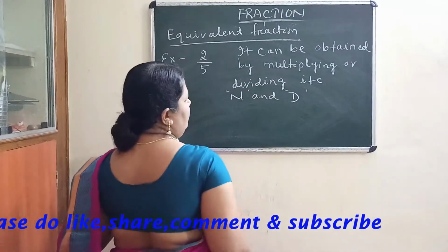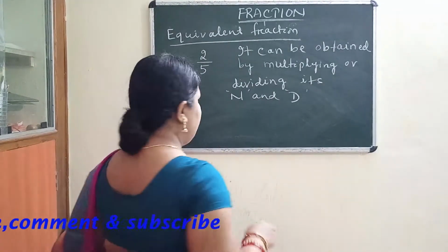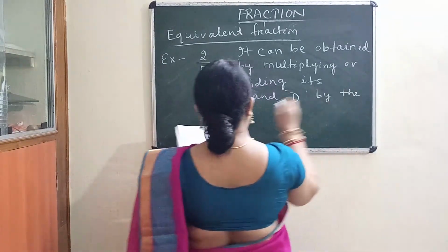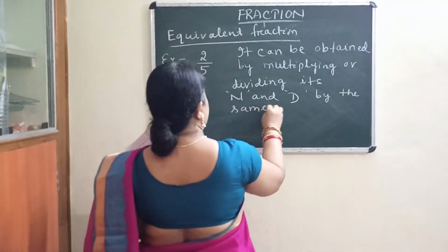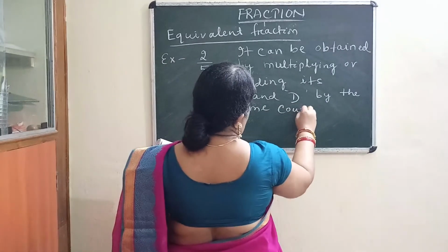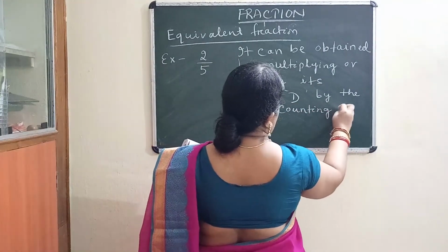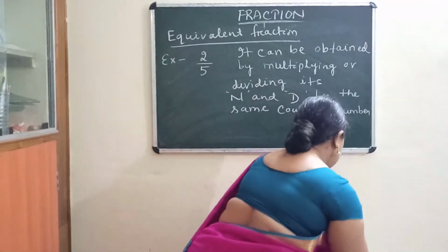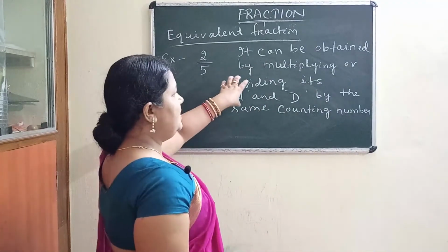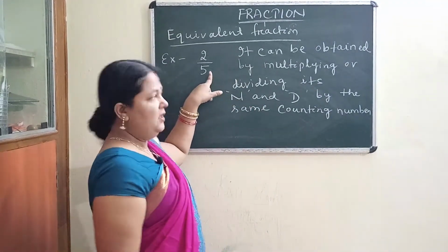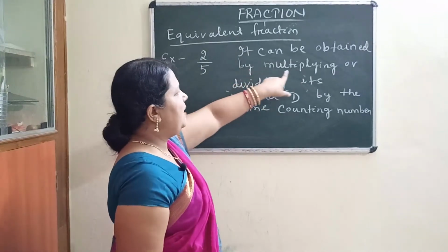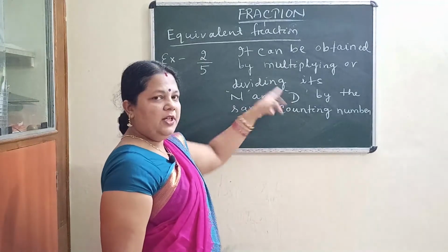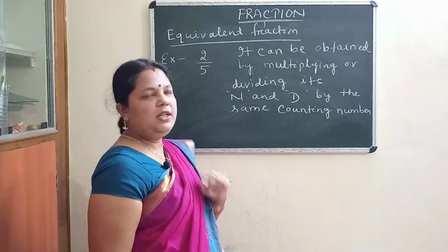Children, I have written in short form: N for numerator, D for denominator, by the same counting number. Okay, this is the formula, or this is the rule to find out the equivalent fraction. It can be obtained by multiplying or dividing its numerator and denominator both by the same counting number.